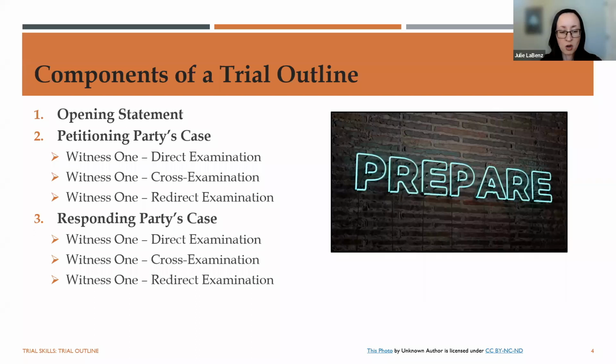And then the responding party could ask their witness some follow-up questions on redirect, if they had any follow-up questions to ask.